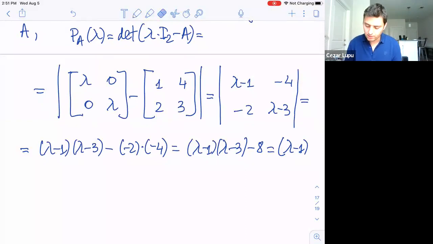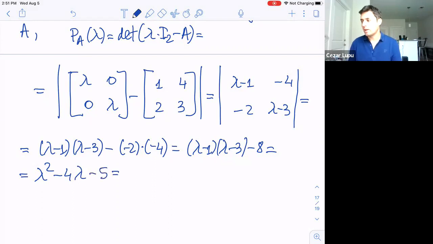In fact, let me just write it so that we can see it clearly. This will be equal to lambda squared minus 4 lambda plus 3 minus 8, right? And this can be factored into lambda plus 1 times lambda minus 5.